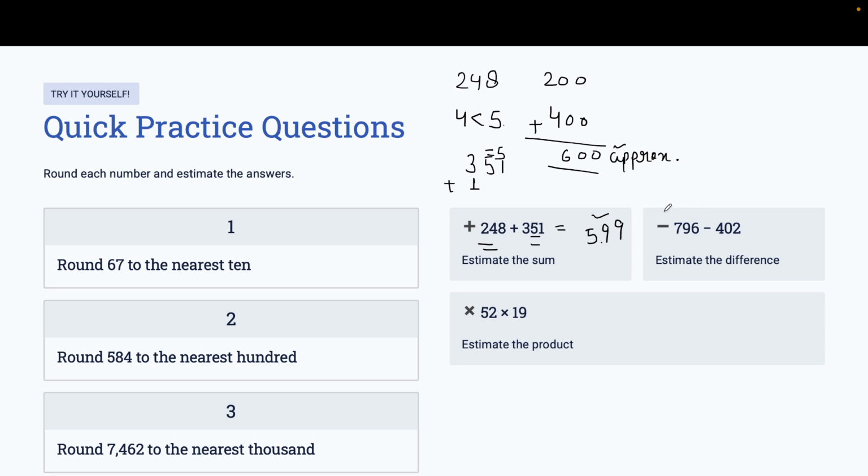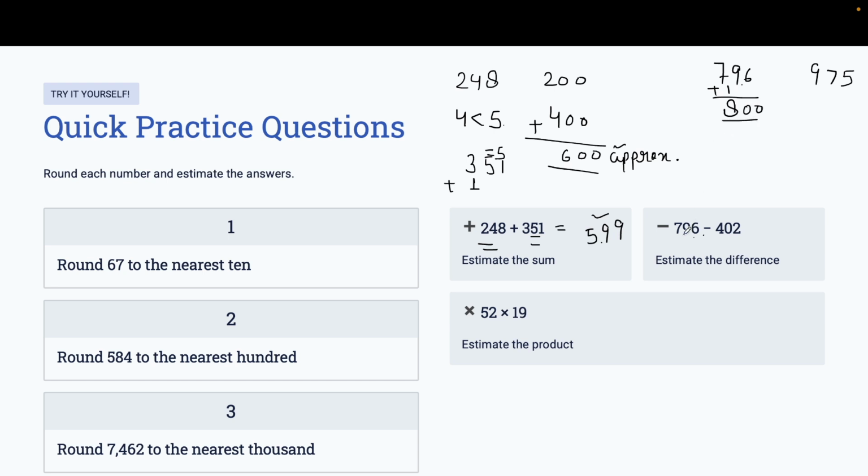Now in this question, first of all, we have to round 796 to the nearest 100. 796, 9 is greater than 5. It means we have to add 1 to 7. So it becomes 8 and the other digits are 0.